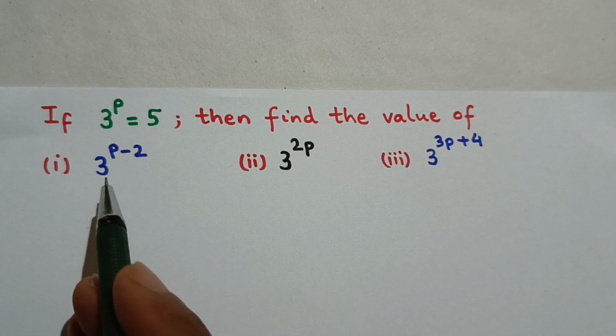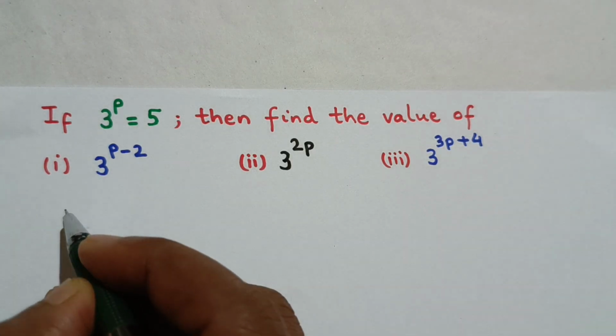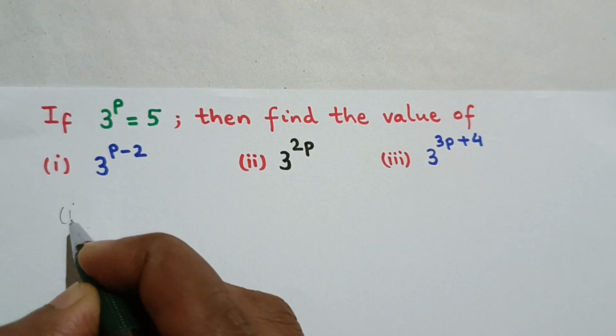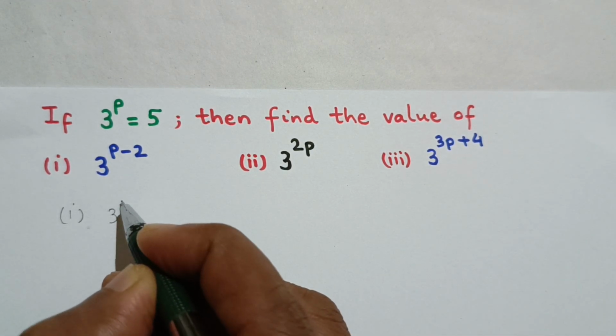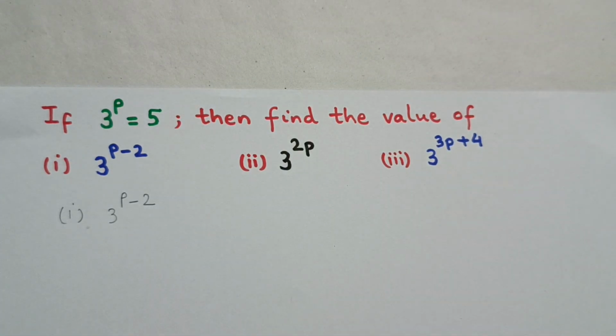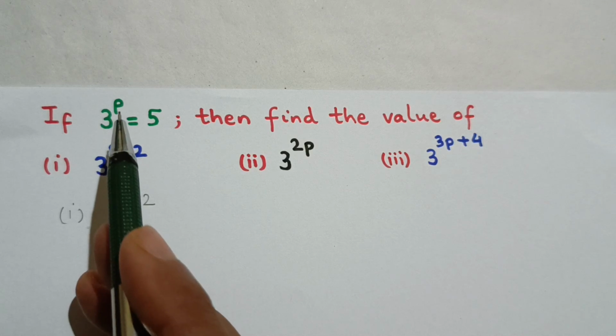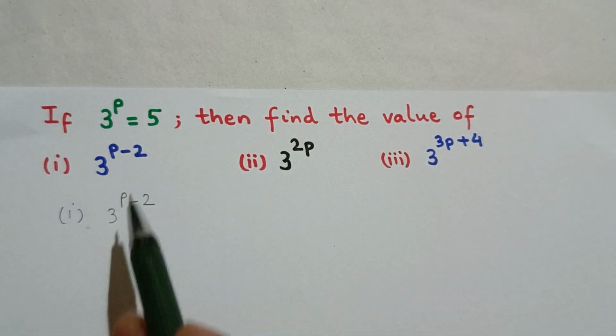So first we are going to find the value of 3 to the power p minus 2. So what is the value of 3 to the power p minus 2? Now I know that the value of 3 to the power p is 5.